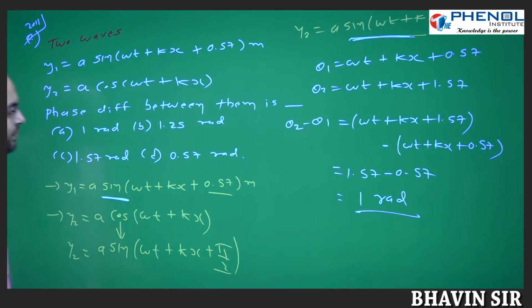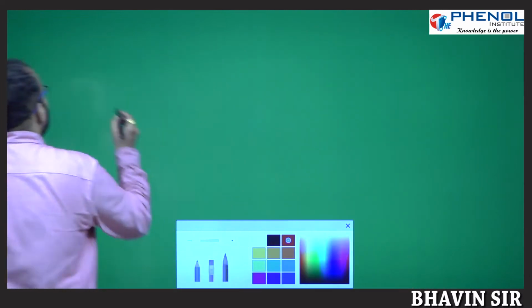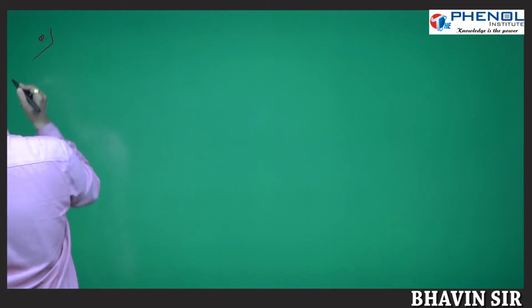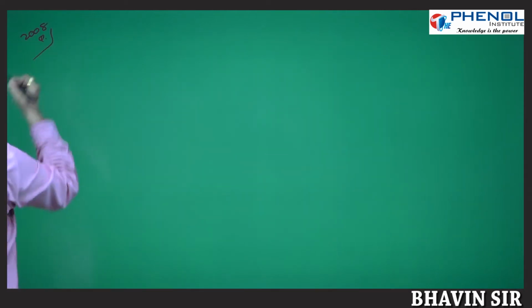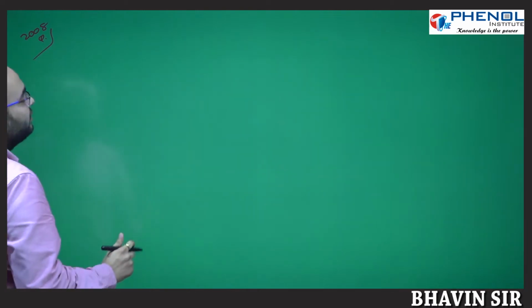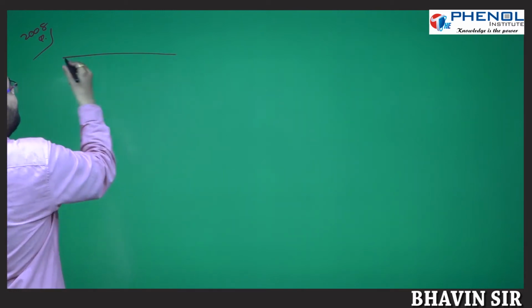So now the next question. The next question was asked in 2008. Two points are located at a distance of 10 meter and 15 meter from the source of oscillation. Now see students, oscillations start from that point.